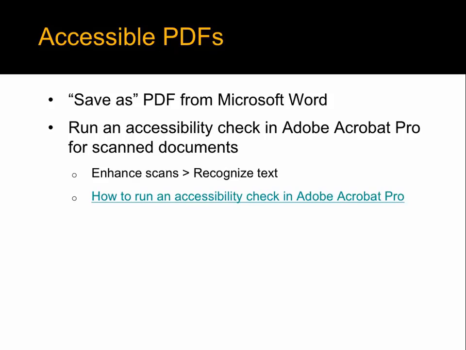There are ways to run an accessibility check, and we have information that you'll be able to get at the end of this webinar, and it has the link for how to run an accessibility check in Adobe Acrobat Pro so that you can check your PDFs and see if they're accessible.